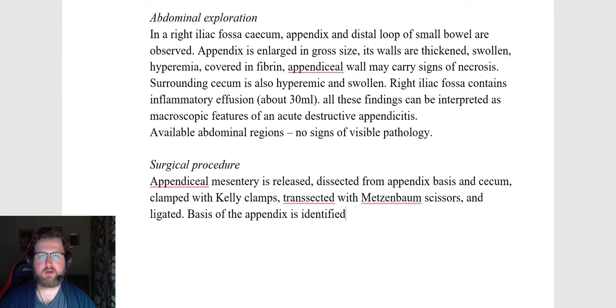That's quite frequent beginner's mistake in doing appendectomy. Then appendix is transected and ligated.